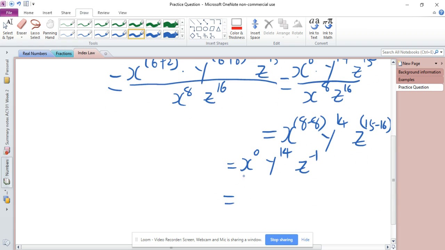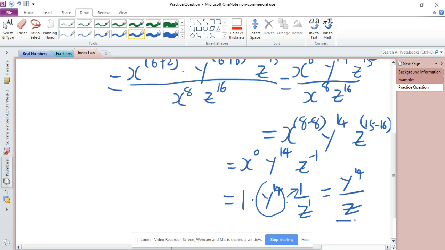To simplify, x to the power of 0 is 1, times y to the 14, times z to the power of minus 1. I need to make it a positive power, so it moves to the bottom. Your final answer should be y to the 14 divided by z. That is your final answer.